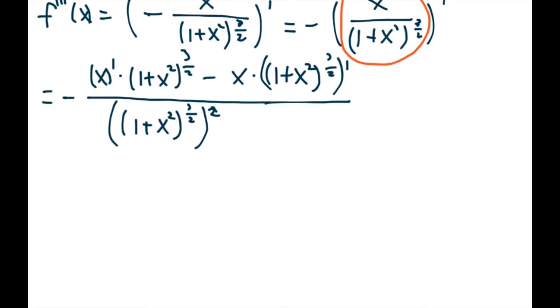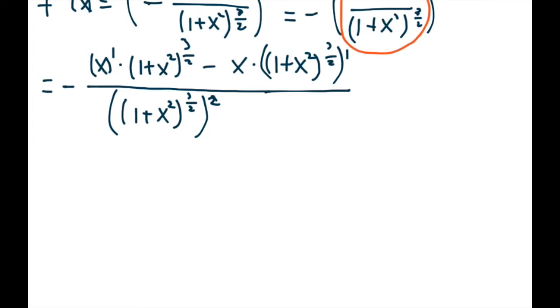Alright, so we know this part is easy, the derivative of x is just 1, but probably this part can be a trouble because we're going to take the derivative of this monster here. So I'm going to write the derivative of this part on the right side.